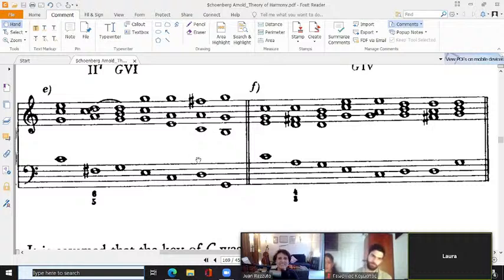And then we have 2 equals 5. And then 5 equals 1. Yes. Now, the reinterpretation of the chords, yes, it's fine, very good.